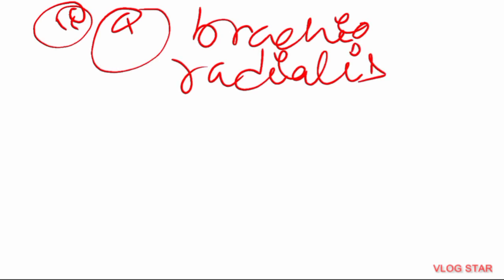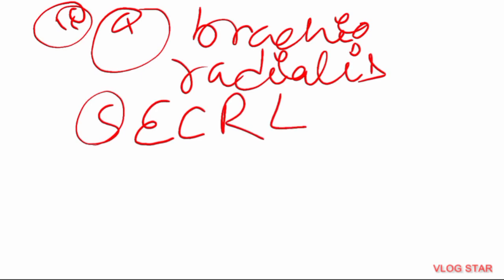So brachioradialis from lateral supracondylar ridge. Fifth one is ECRL from lateral supracondylar ridge. This is from lateral supracondylar ridge.